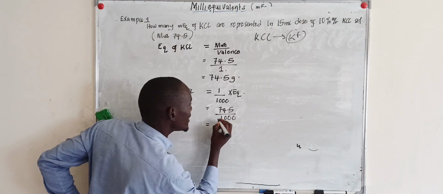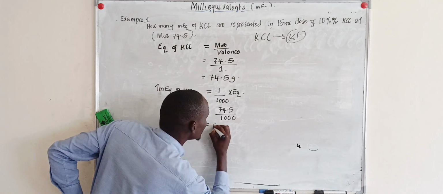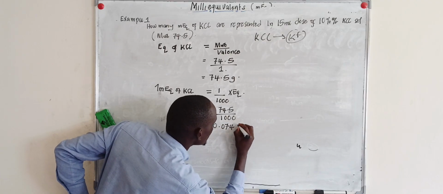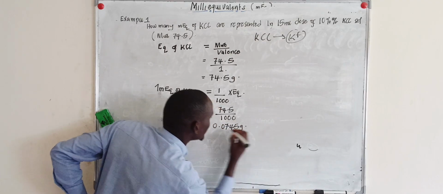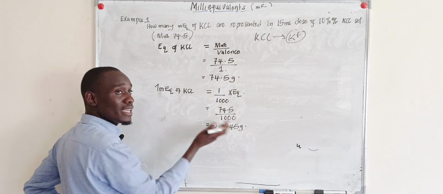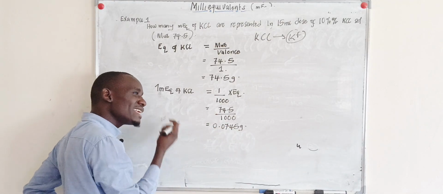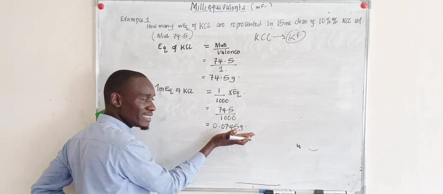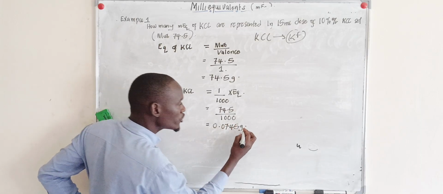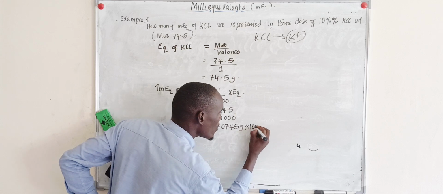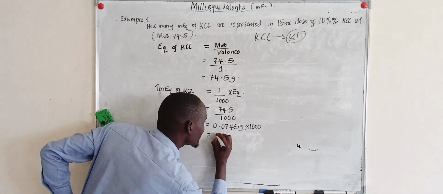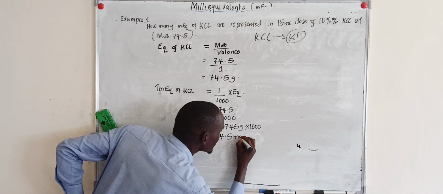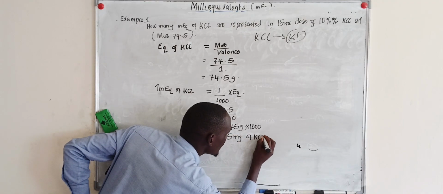So when you divide this, we shall get 0.0745 grams. But remember, in our definition, we say it is the amount in milligrams of a solute. So we have to convert this into milligrams by multiplying by 1,000. So this will give us 74.5 milligrams of potassium chloride.